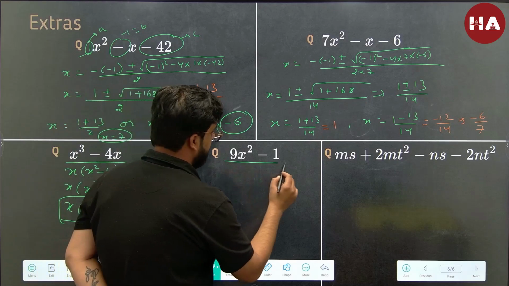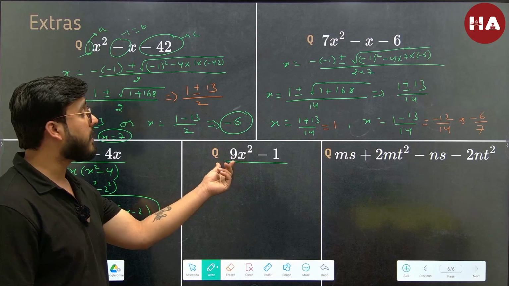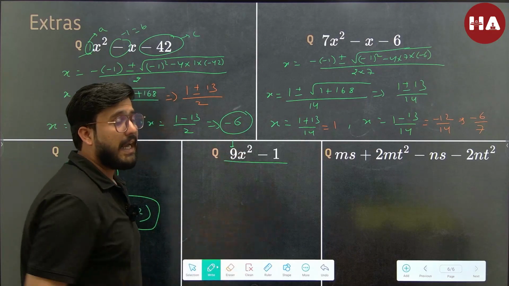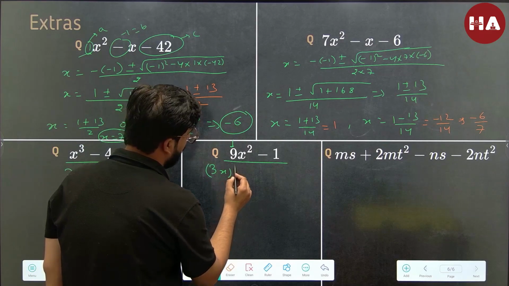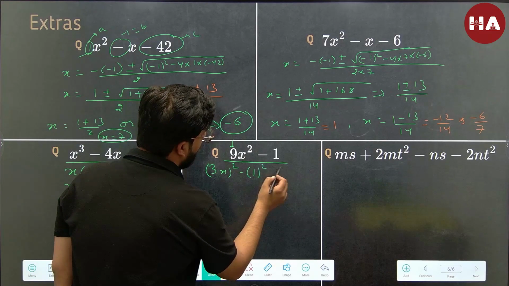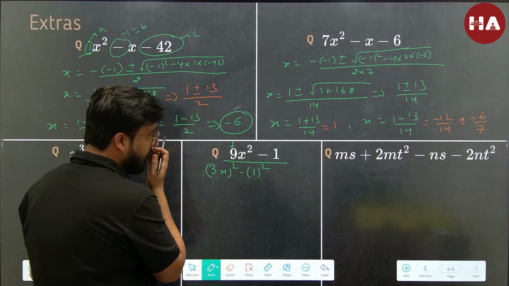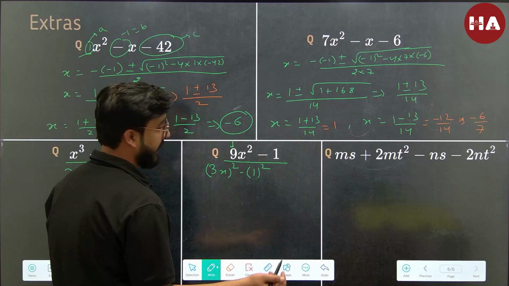Similarly, you can see here that I have been given x square along with number 9. So what I can figure out is that 9 is what? 3 square. So I can write it as 3x whole square, negative of 1 square, because there is no impact on 1 if we are raising it to any power, unless it is a negative power.